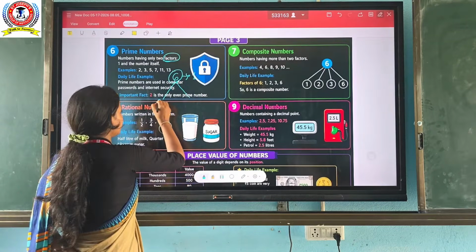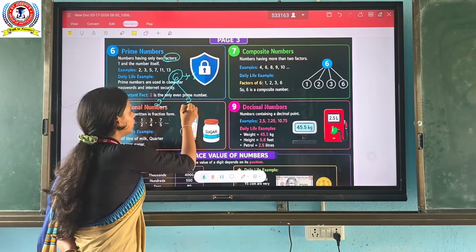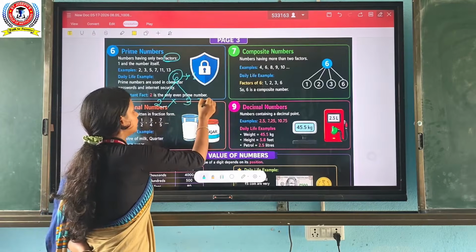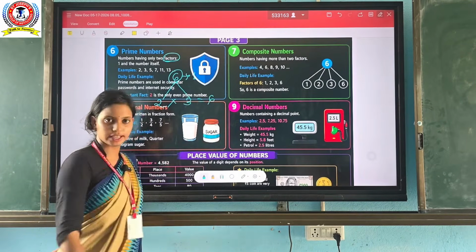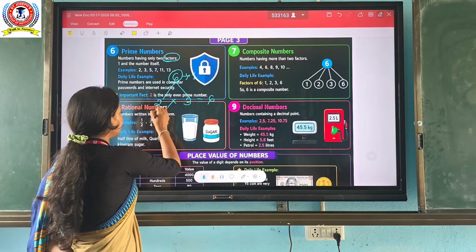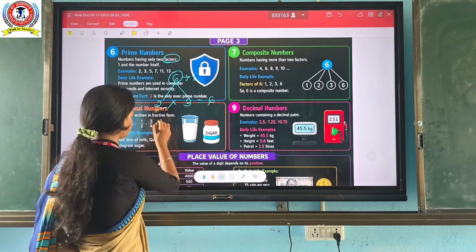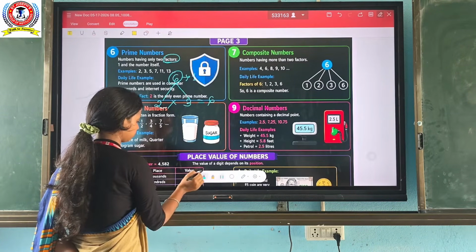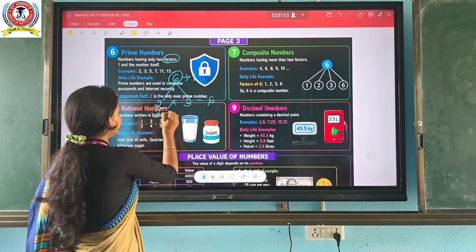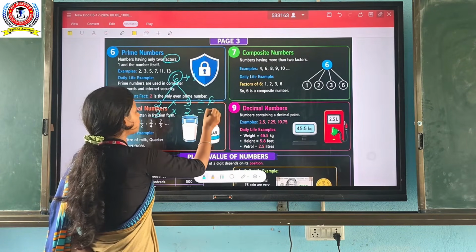So 2 when multiplied with 3 gives the result 6. When 3 is multiplied with 2, we also get 6.